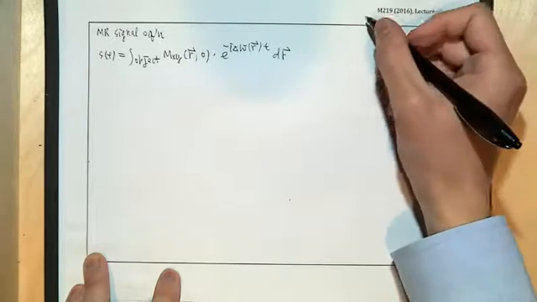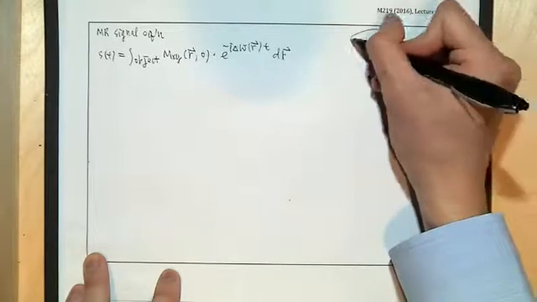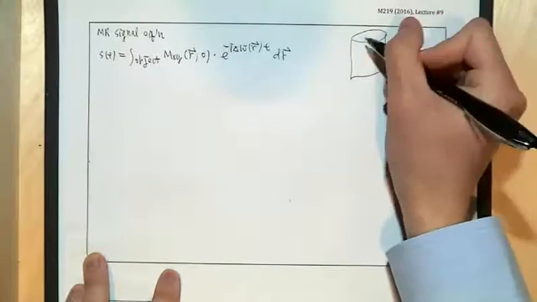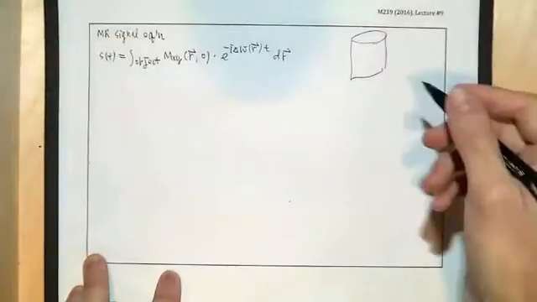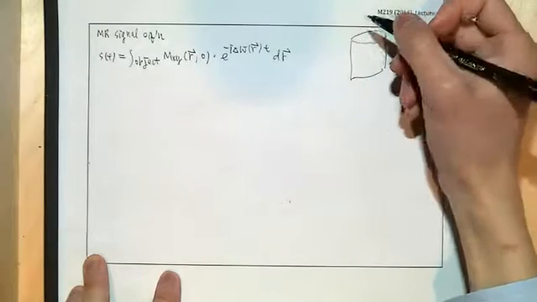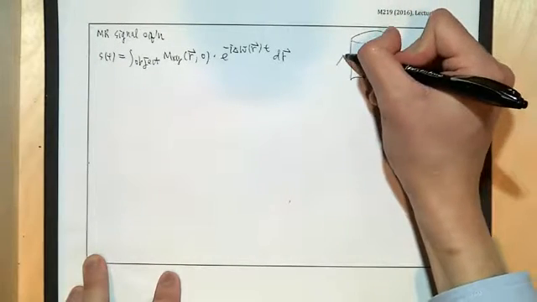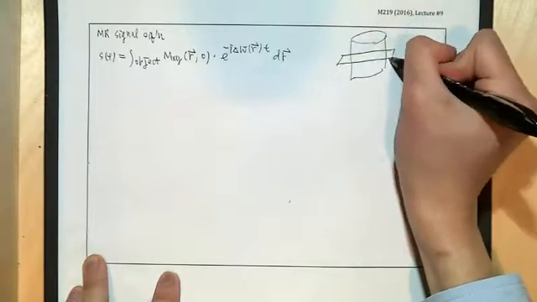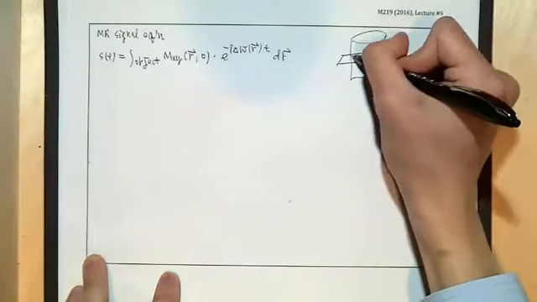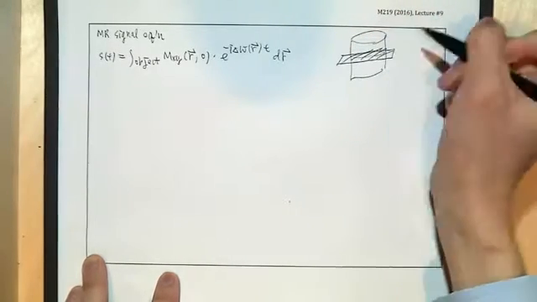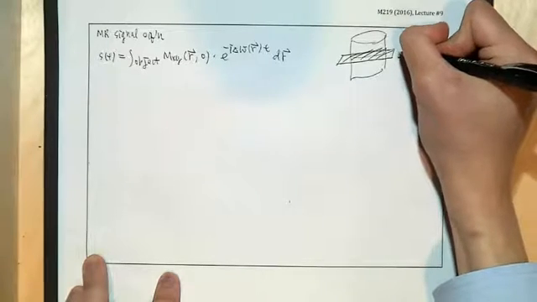Let me simplify this a bit. So let's say we have an object. For the sake of simplifying things, let's just consider one slice for now. And you will learn next week how this is done. Let's consider one slice with a certain thickness, Δz.